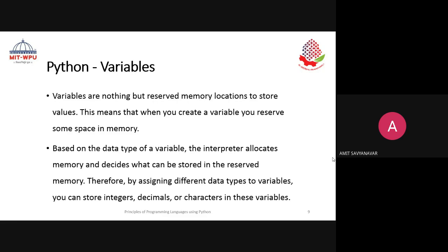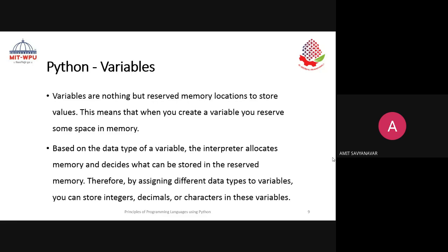Based on the value that has been assigned to the variable, in the case of Python, the Python interpreter allocates that amount of memory. It reserves that much space for that particular variable. Variables can hold values of integers, decimals, or characters, and depending on that, the memory space would be reserved.